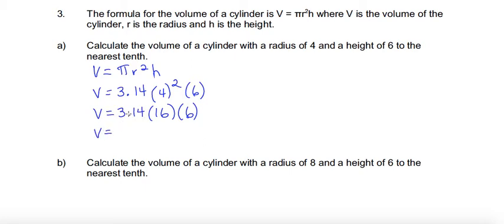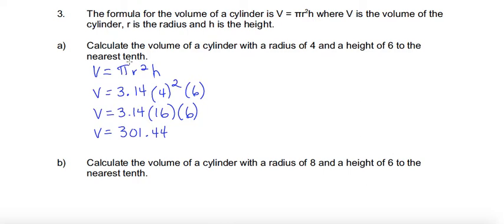And you can multiply all 3 of these numbers together using your calculator in one step. So I'm going to take 3.14, I'm going to times it by 16, and then I'm going to times that by 6. And when I do that, I get a value of 301.44, or 301 and 44 hundredths.